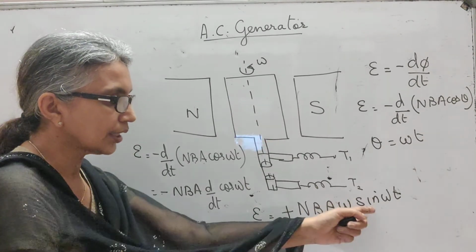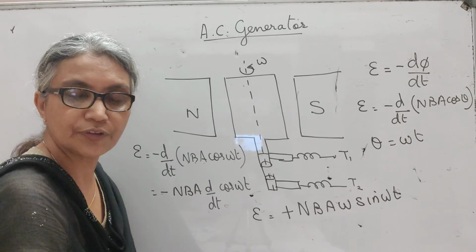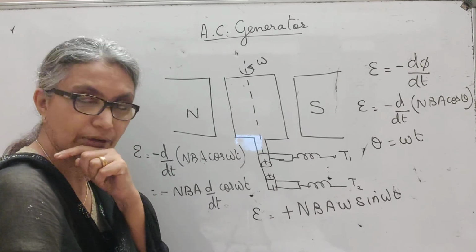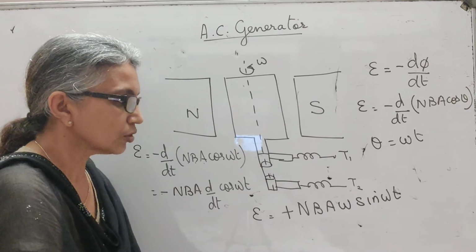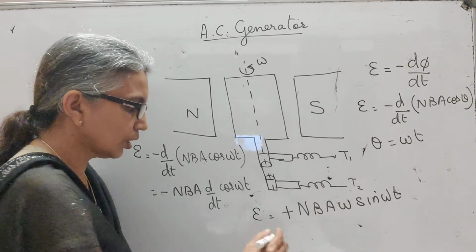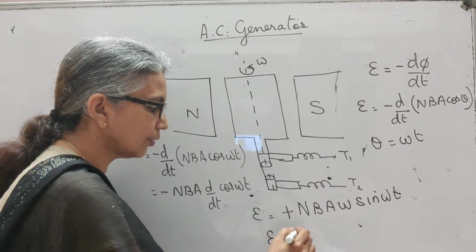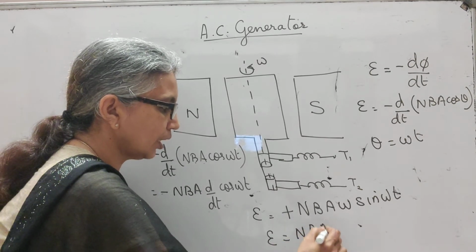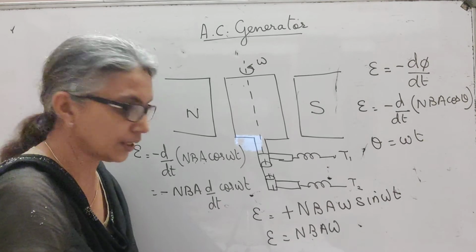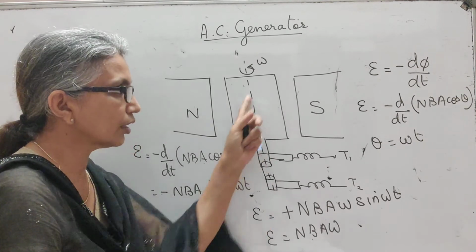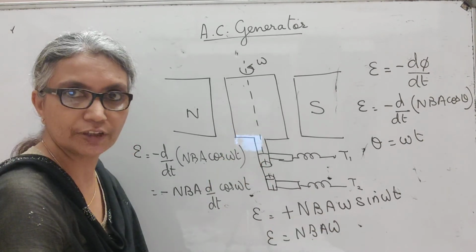Now here sin omega t, you know, maximum value is 1 because sin 90 is 1. That's the maximum value of sin theta. So if it takes the maximum value, then the EMF in the coil becomes NBA omega, where N is the number of turns, B is the magnetic field, A is the area of the coil, and omega is the angular velocity.